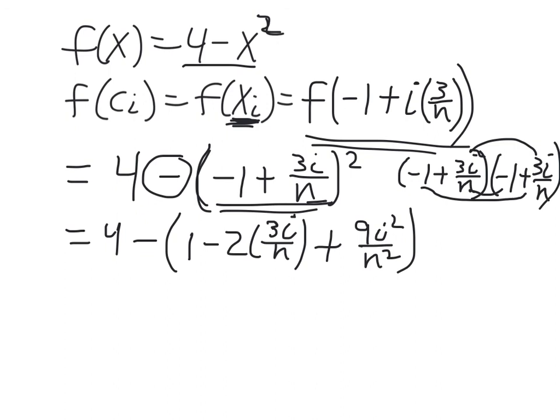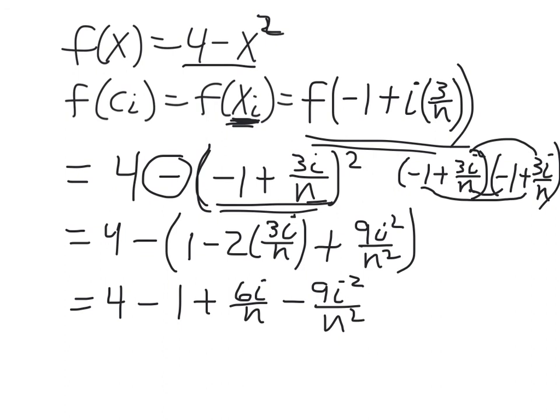And so our function value for the right endpoints, we'll multiply the negative through. Let's go ahead and multiply the 2 times 3, make that 6i over n, and then minus 9i squared over n squared.